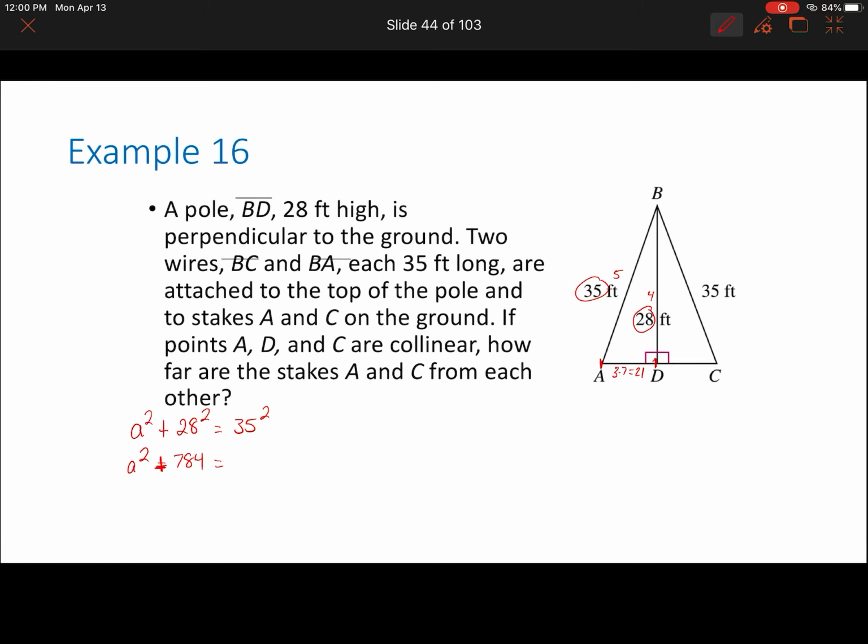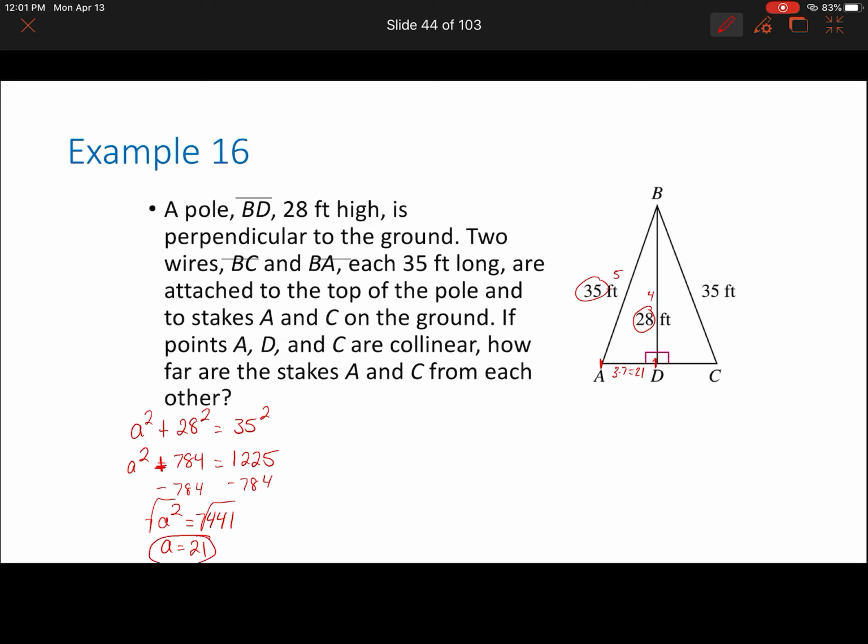And then 35 squared is 1,225. And then we need to subtract 784. And we get A squared is equal to 441. And when you take the square root of both sides, you find out A is equal to 21.